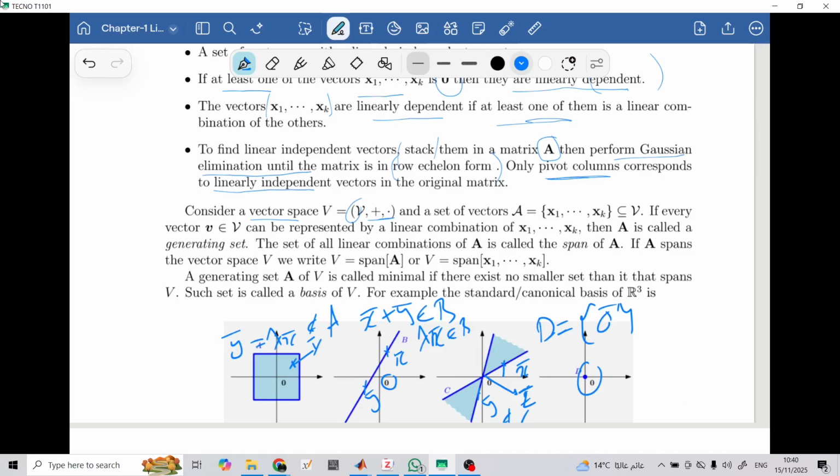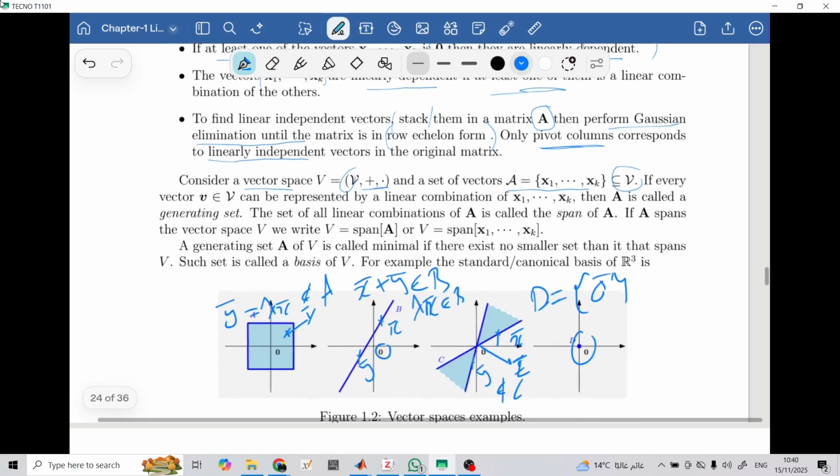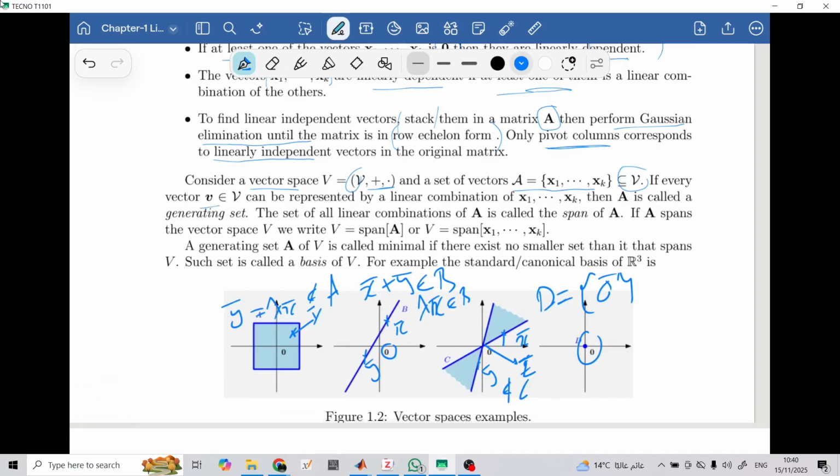And we have a set of vectors that belong to this vector space V. Then any vector v in that space can be represented by a linear combination. Remember, we can put those vectors in a matrix A, or that subset of vectors, which we can call a generating set.